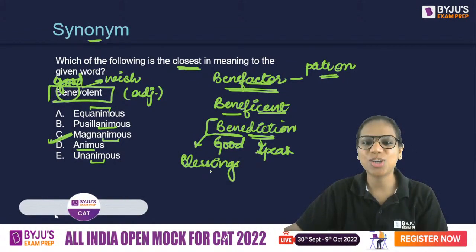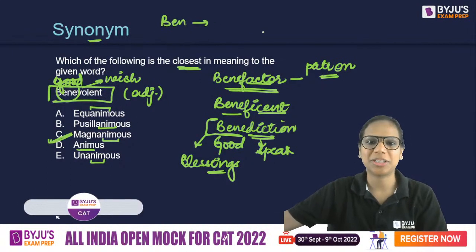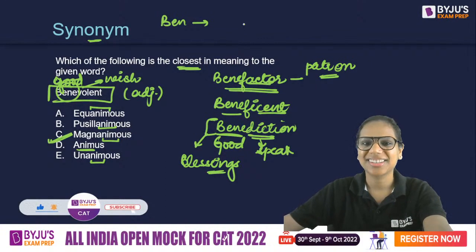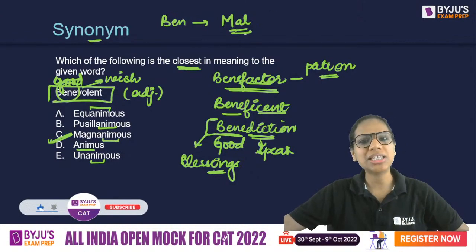Actually, that contains the opposite of this root, ben, also. The opposite of the root ben is, comes from M. Any idea? It is mal. The opposite of ben is mal. Mal means bad.